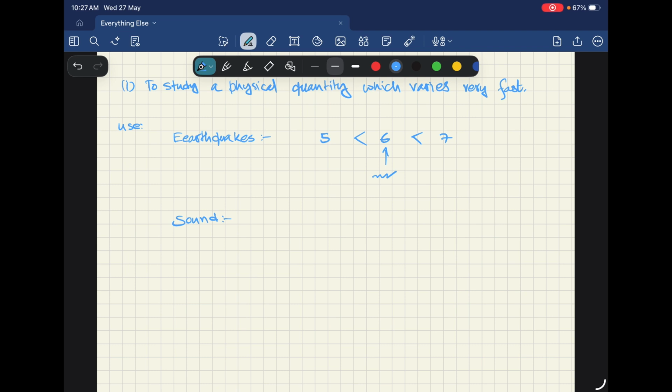Alright, similarly the sound: our ears perceive sound logarithmically. Let me write it. Ears perceive sound logarithmically. Well, why? I am keeping this as a task for you to research.